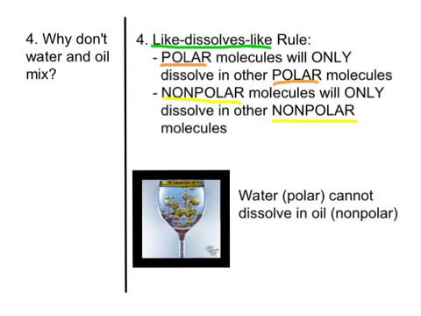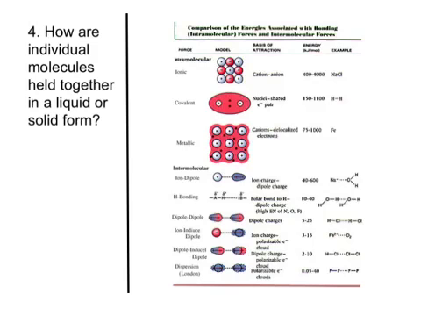All right, let's take a look at the very last question of these notes, which is: how are individual molecules held together in a liquid or a solid form? Our last concept of this unit is to review what we've been talking about this entire unit, which is basically called chemical bonding.